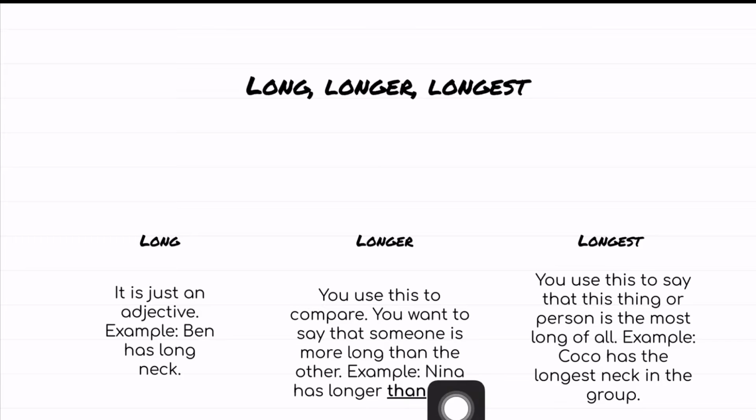So you're comparing the neck of Nina and Bam. Longest, you use this to say that this thing or person is the most long of all. Example: Coco has the longest neck in the group. So that's the use of short, shorter, shortest, long, longer, and longest.